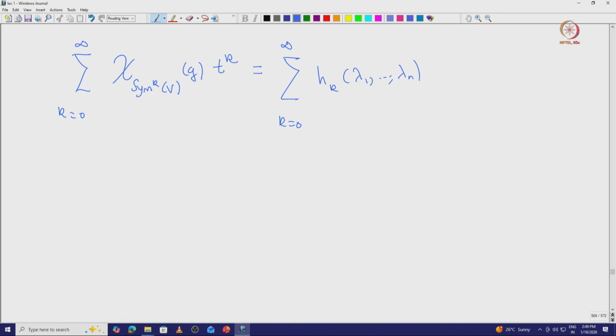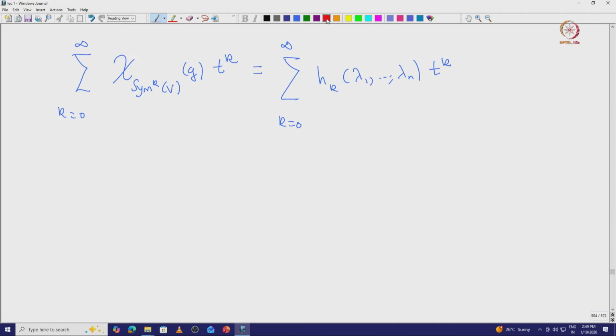That is what we get as the character of Sym^k V. Now, if we think about it, one can rewrite this in terms of the product of 1 divided by 1 minus lambda_i t.